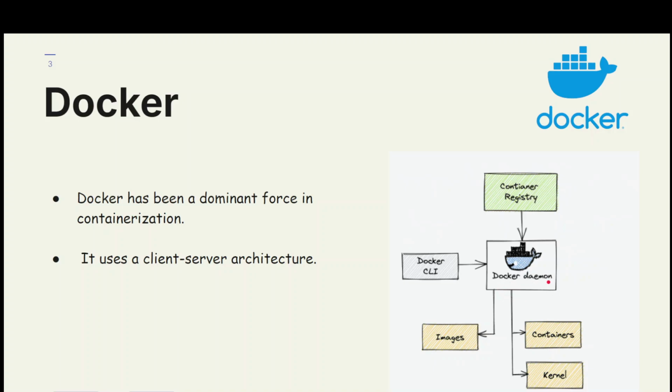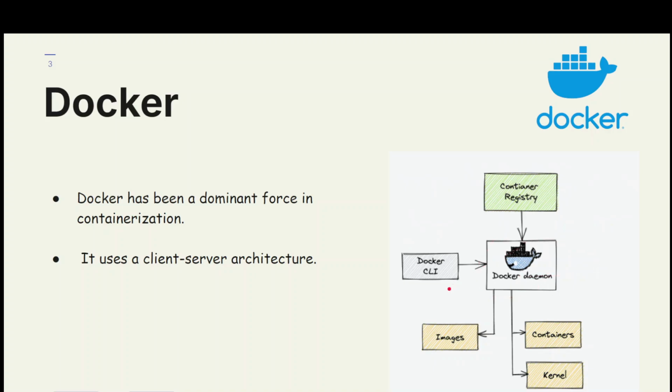This Docker daemon requires root privilege, and it is a single point of failure. If the Docker daemon is down, then all our Docker infrastructure will be down. This is how Docker works based on client-server architecture, with the Docker daemon doing all the operations.